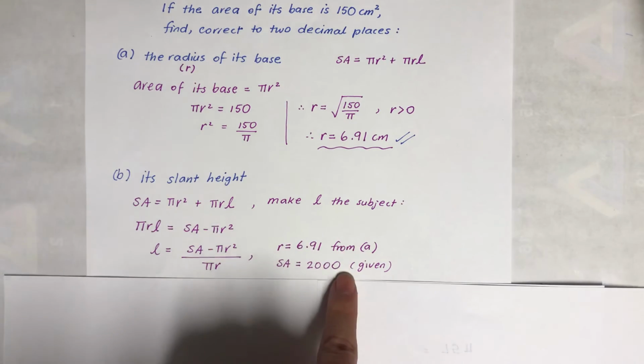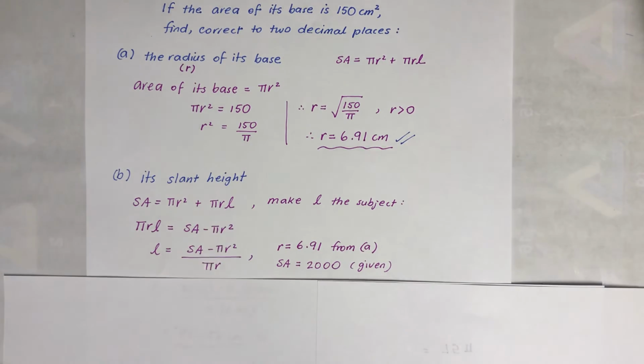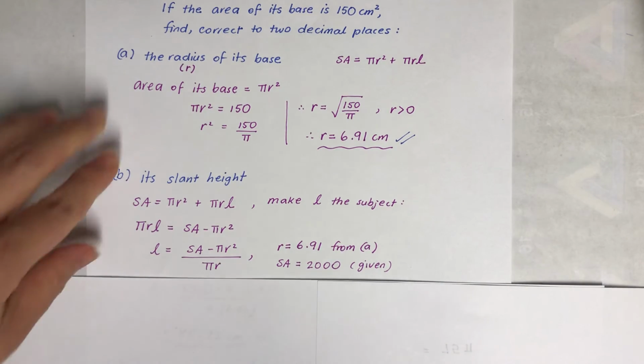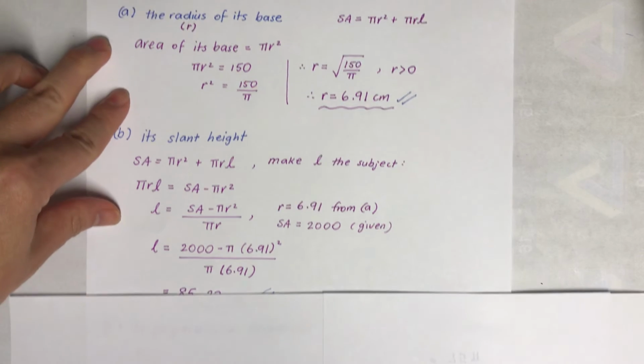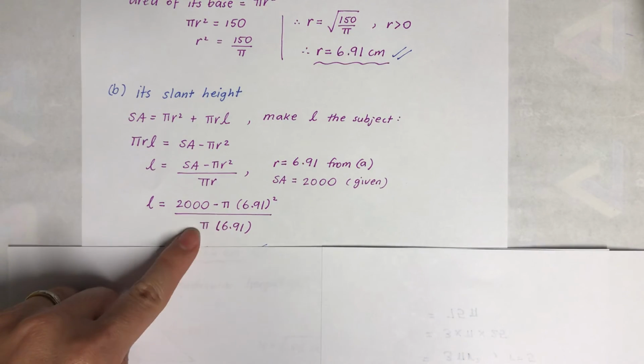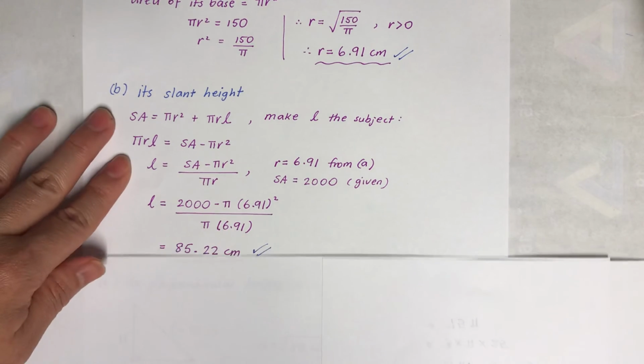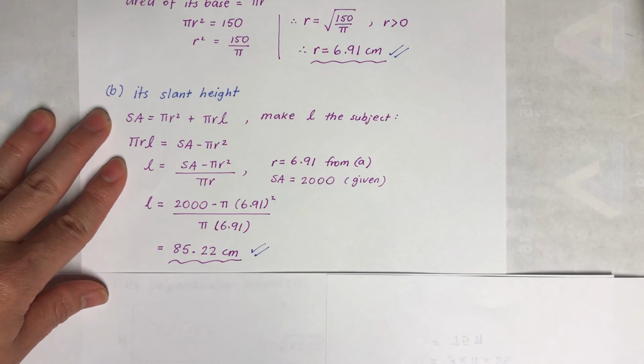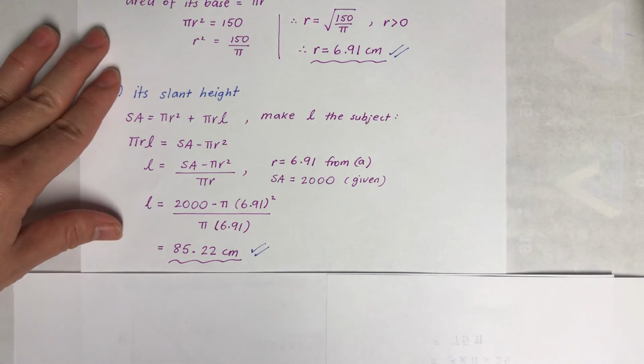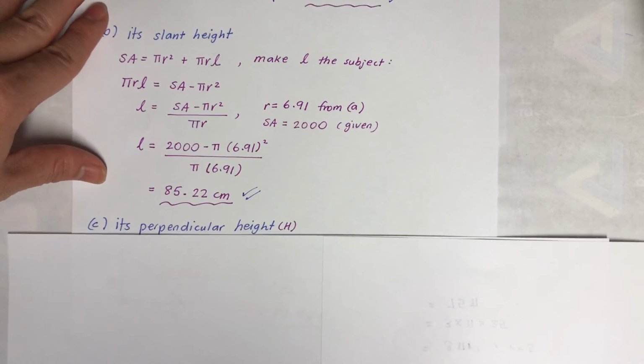And I'm going to put all this information in here. We have the surface area of the cone, given in the question, which was 2,000, and then take away pi r squared. What was r? We found it in part A, which was 6.91. So I'll put all that in the calculator exactly the way it is. Make sure you use shift to get the pi and times. And I will get 85.22 centimeters, because the question says write it correct to 2 decimal places.